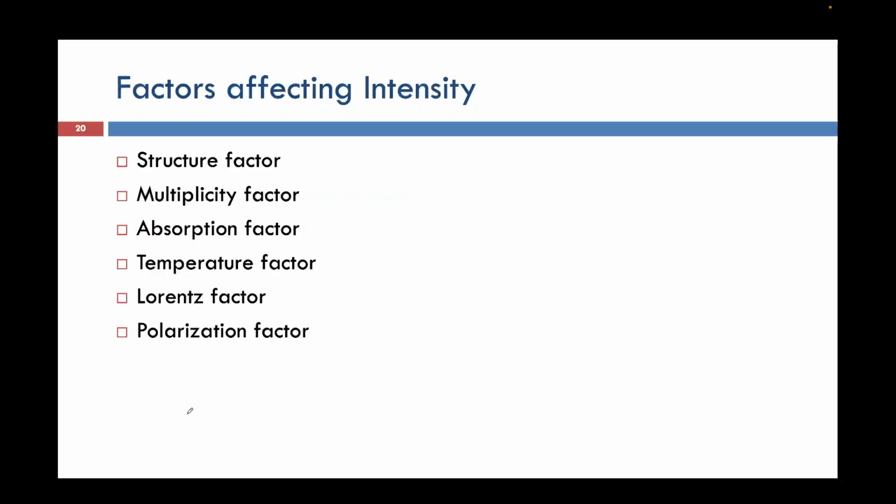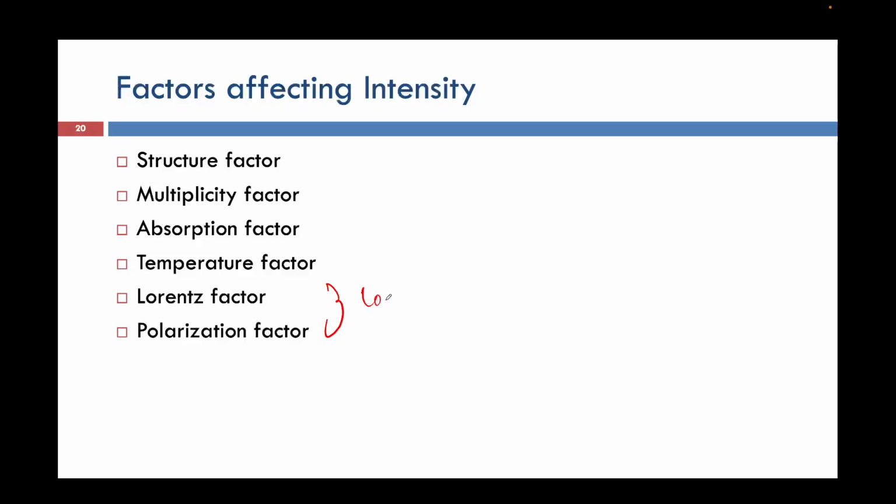And there are different types of factors. Now we have seen the total intensity, and how the intensity is affected by the structure factor. There are also other factors that influence the intensity we get from X-ray diffraction. One is the structure factor, another is the multiplicity factor. So these 6 factors you have to remember: structure factor, multiplicity factor, absorption factor, temperature factor, Lorentz factor and polarization factor.